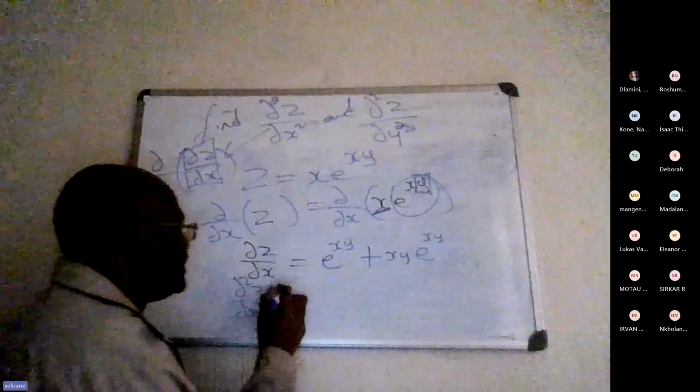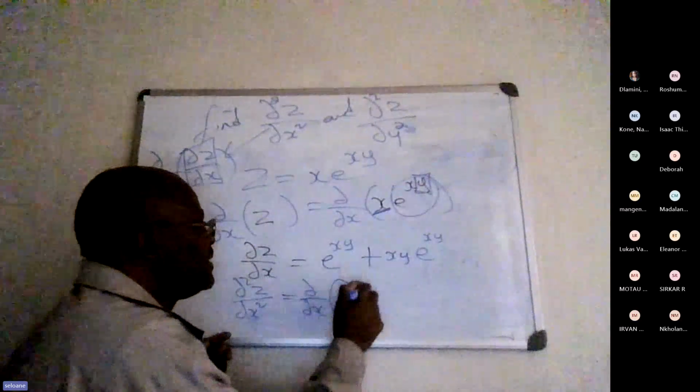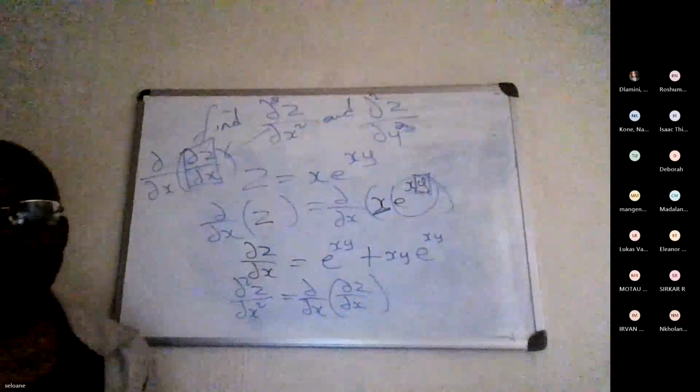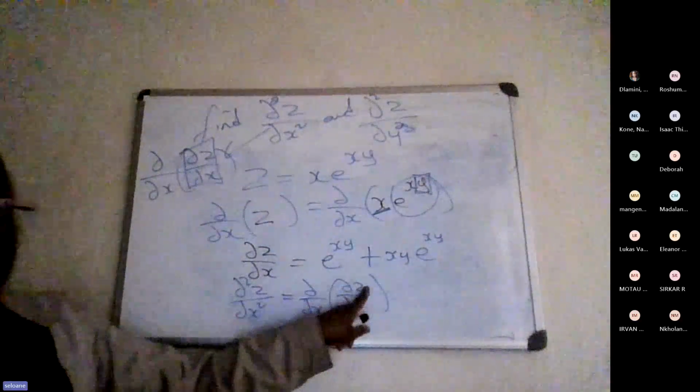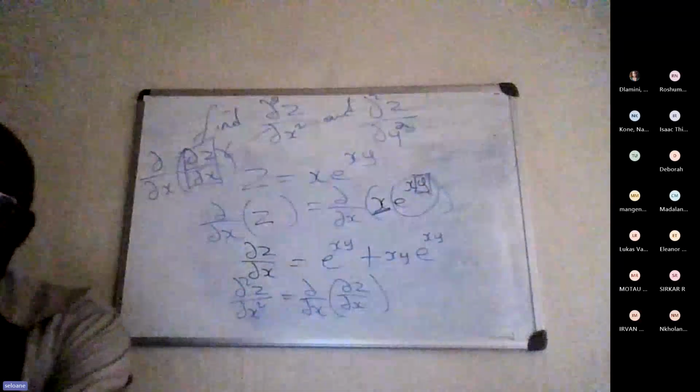As we've said, this means the partial with respect to x of dz dx. It will be this. And what is the partial derivative of z with respect to x? We have it here. We just have to plug it in here.